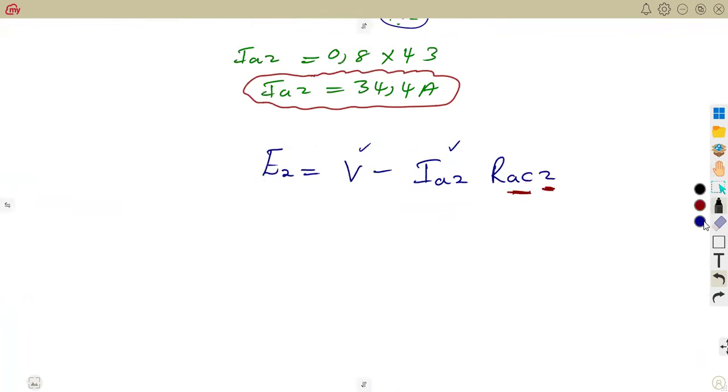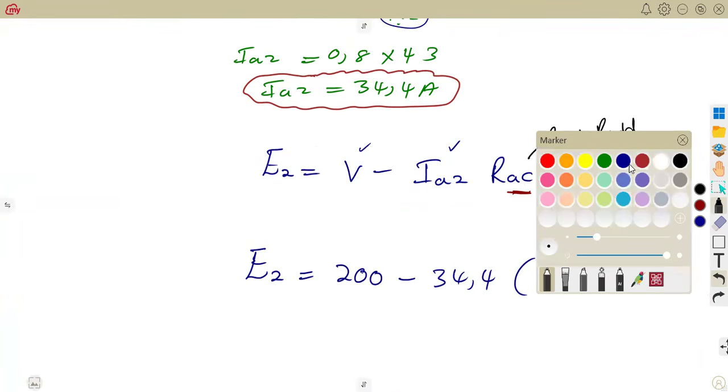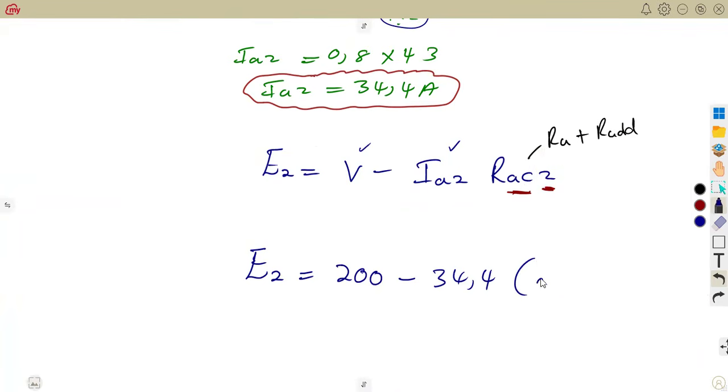All this is like you're getting back to your N3. Take everything that you had from your N3. So this is E2. V we're given, remember our V, it was 200 minus armature current 2. We calculated this was 34.4. As I said, the resistance of the armature circuit, we saw that was the armature, and that of the additional resistor, and we are given this, the armature. Remember, it was 0.15, and that additional, it was 1.